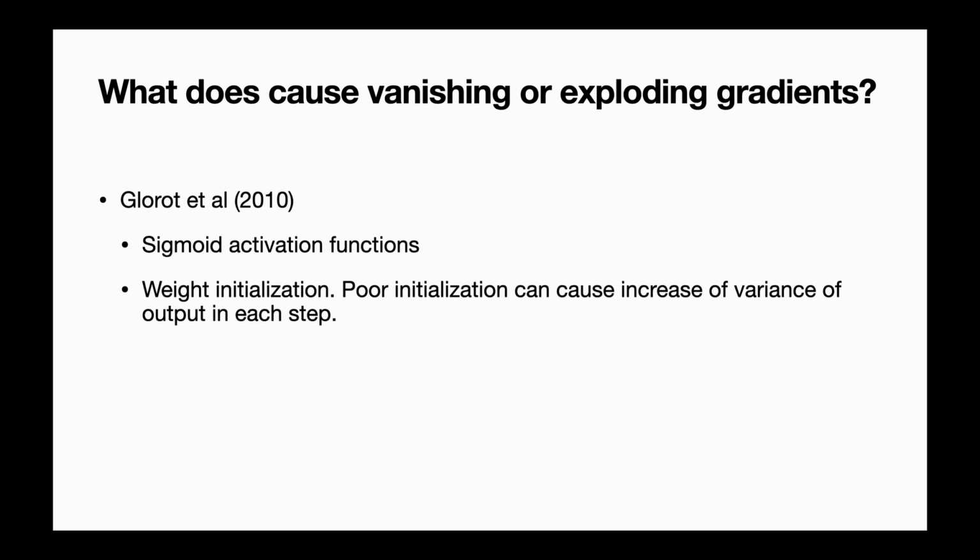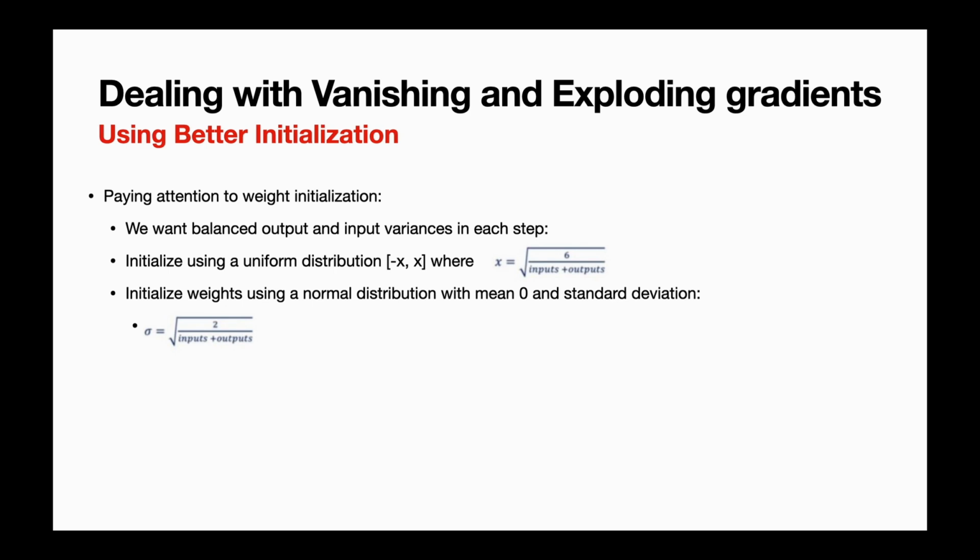So they identified these two issues, and in subsequent papers, these authors and some other authors proposed some initialization methods. For example, in order to initialize any weight, we have to consider the number of inputs and outputs of that specific layer.